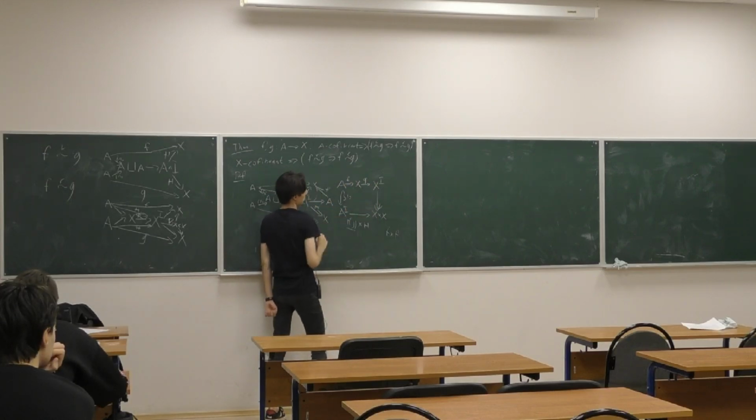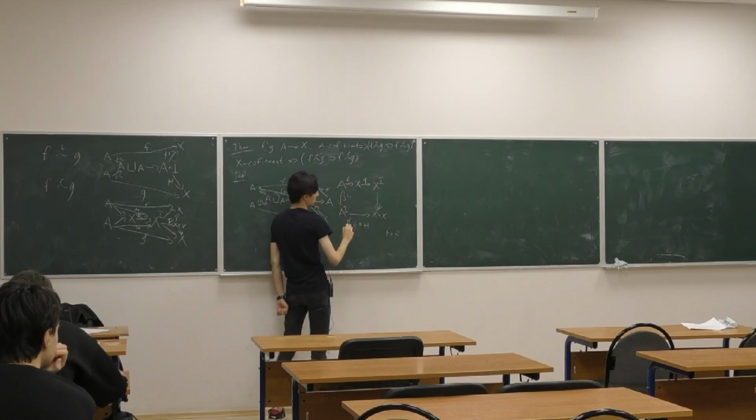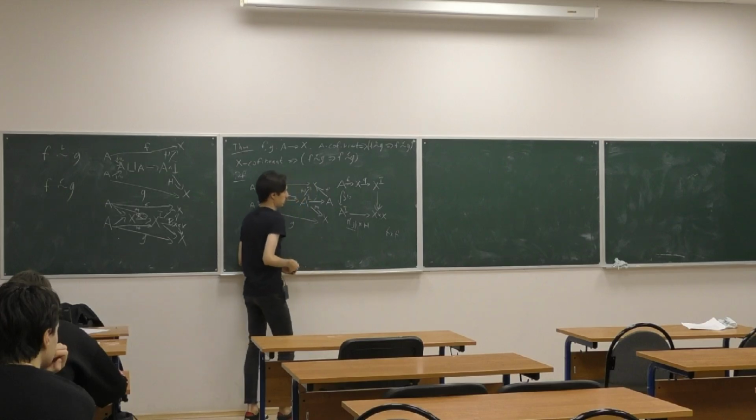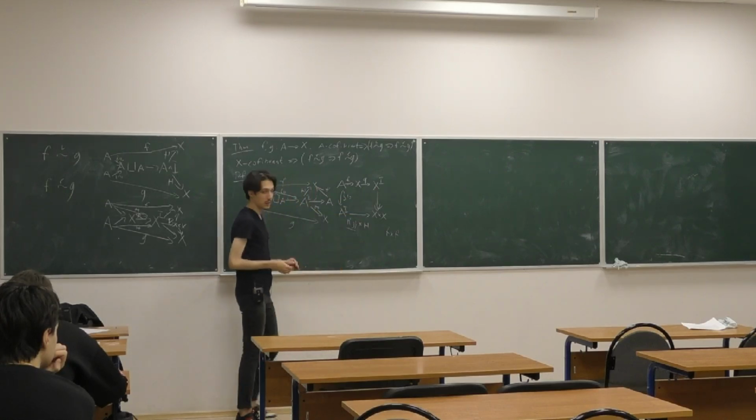And what is this map? This is F, and this map is just two copies of ID. So this is also F times F.